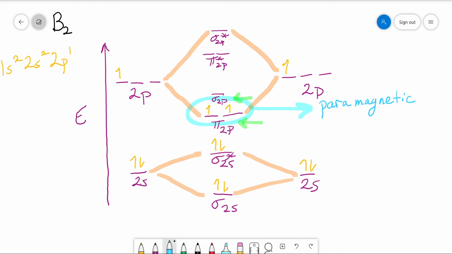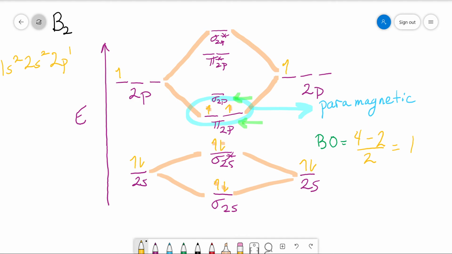Okay, and then our bond order. Like I said, we can do it a couple different ways. Let's just count them up. 1, 2, 3, 4 bonding electrons, minus 1, 2 anti-bonding, all divided by 2, that is equal to 1.